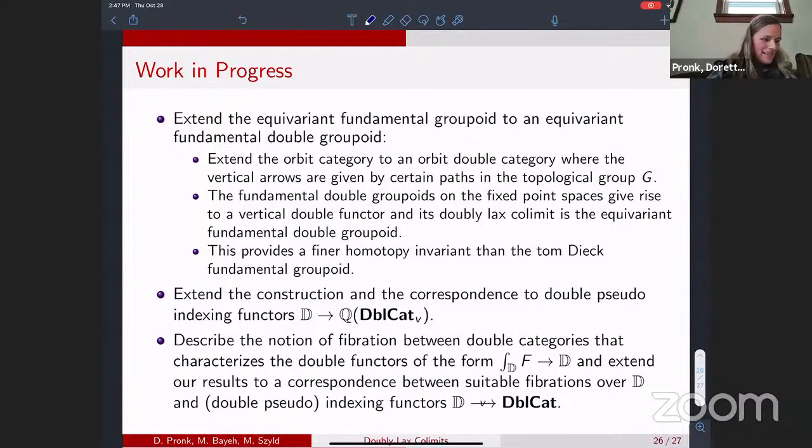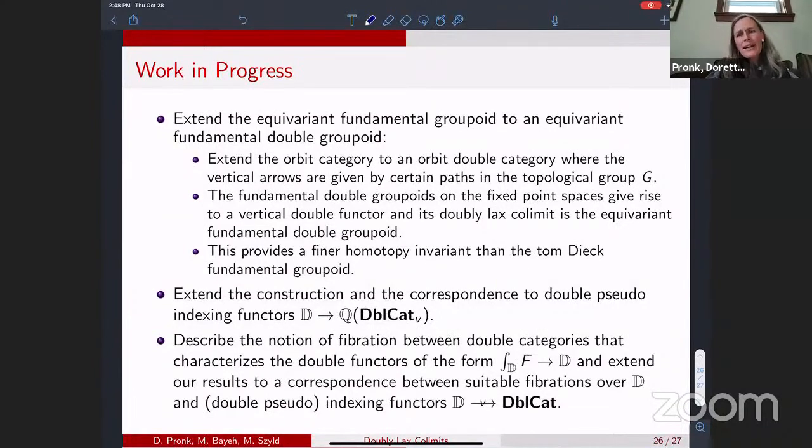So we have done a couple of other projects that we have started on, or are hoping to start on soon. One is to extend this to double pseudo indexing functors. On the one hand, it's kind of intimidating to have to put the cells in everywhere. It's not that hard to understand what they should be doing.